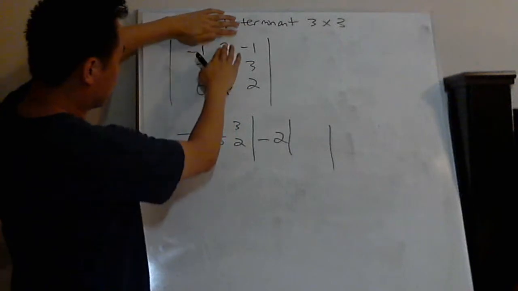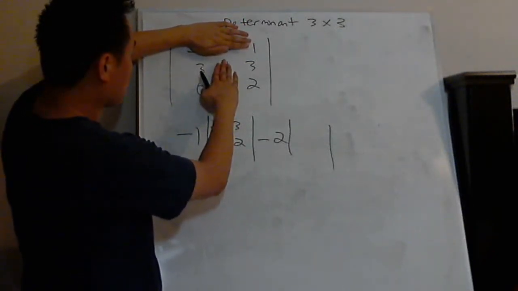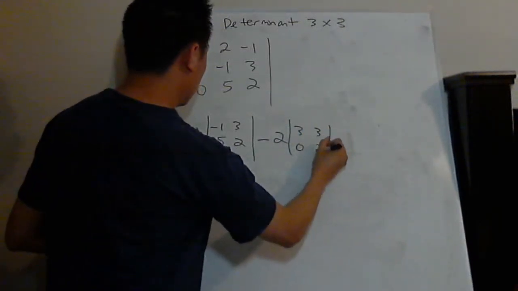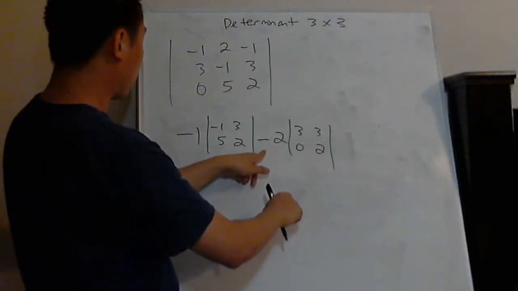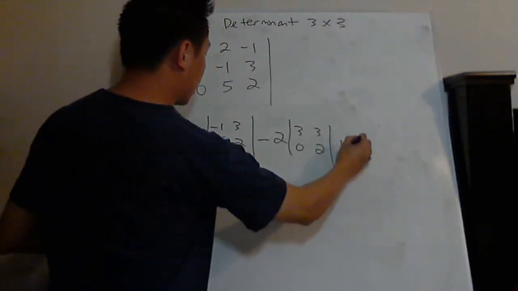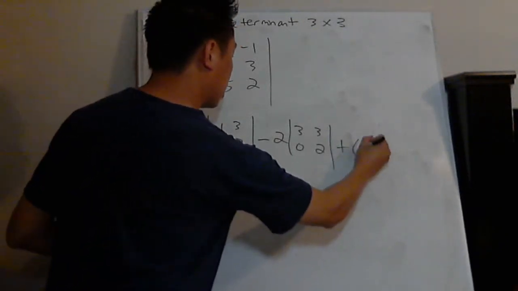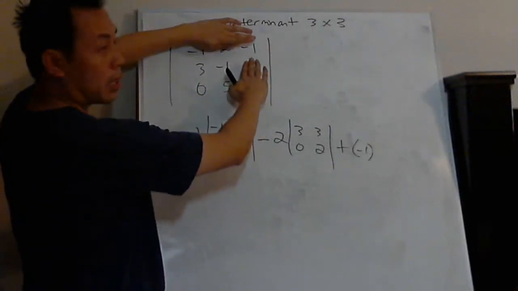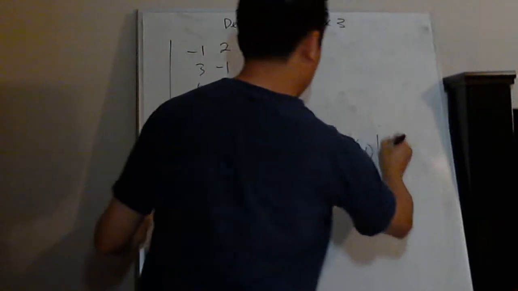See, 2 hits this row, column and this row, and you get 3, 3, 0, 2. And then you alternate the signs again, because before it was minus, now you're going to do plus again. And the next one, you do -1 times, you cover up the -1, see, the column and the row, and you get 3, -1, 0, 5.